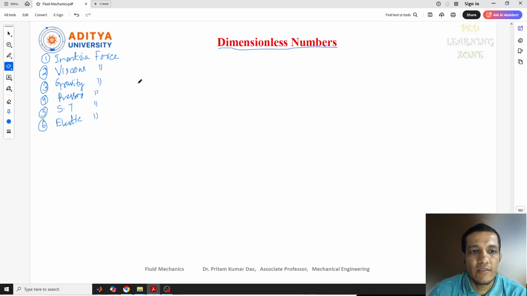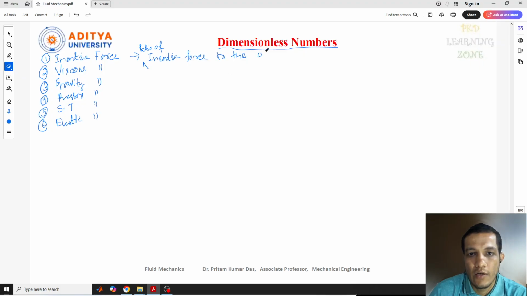So what actually are dimensionless numbers? Dimensionless numbers are the numbers obtained by dividing the inertia force by the rest of the forces. It is the ratio of inertia force to the other forces.